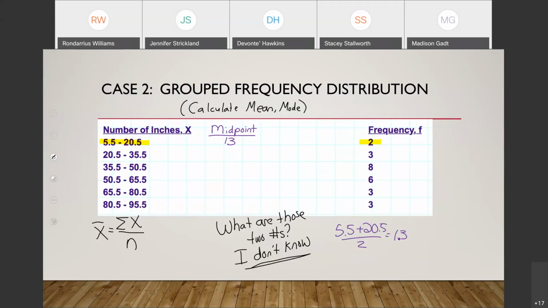Take your calculators real quick, go through and calculate midpoints for me. We divide by 2 every time, yep.